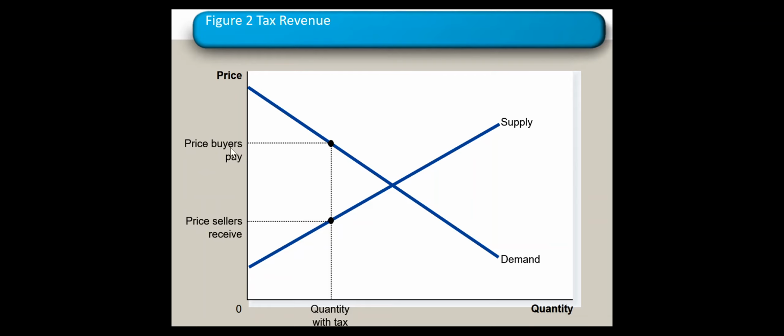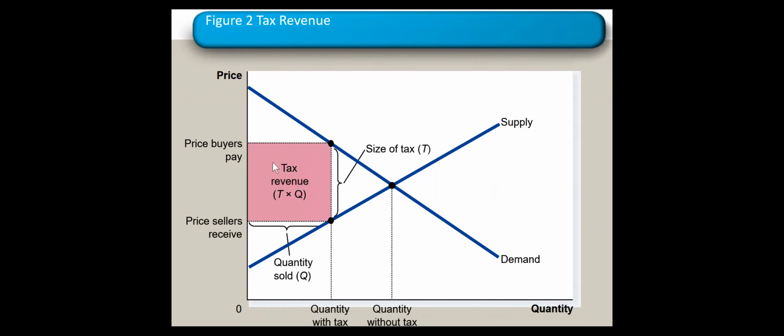The price buyers pay is higher than the price sellers receive. So that's the effective tax in this case. Here the quantity demanded without tax is exactly the equilibrium quantity, and this is the size of the tax. Now look, quantity sold is the other side of this rectangle, and that's how we calculate the tax revenue.